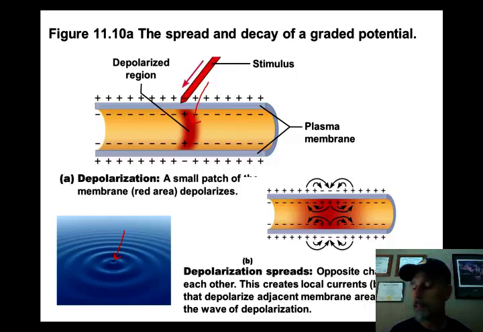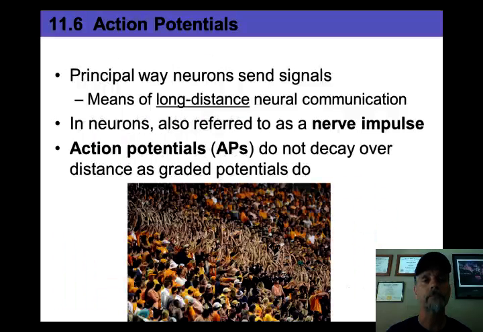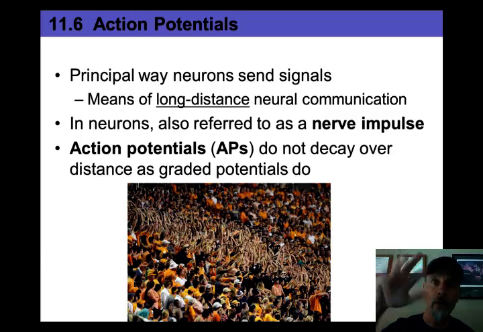So channels right next to it, which might be voltage gated channels, might start being affected, and they may start allowing these different ions to move across. And that changes the membrane potential as well. Okay, so those are graded potentials, oftentimes where we're receiving the signal, and oftentimes also due to chemically gated channels.